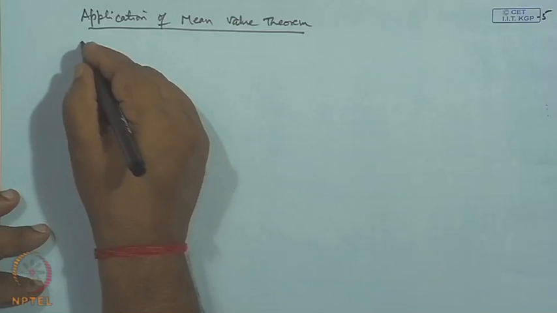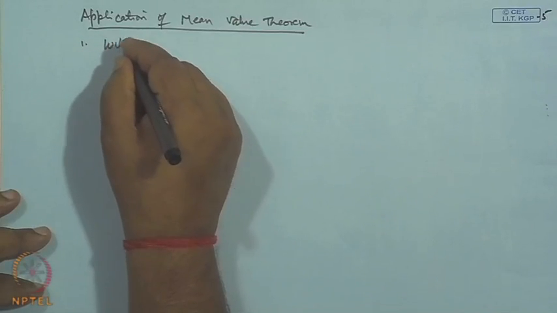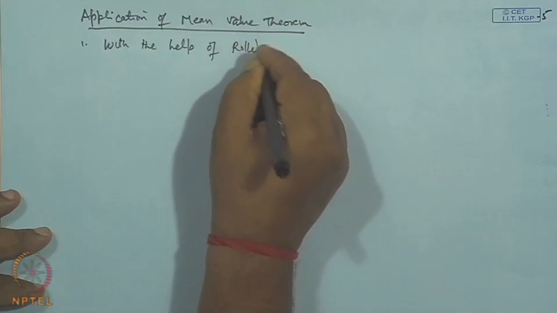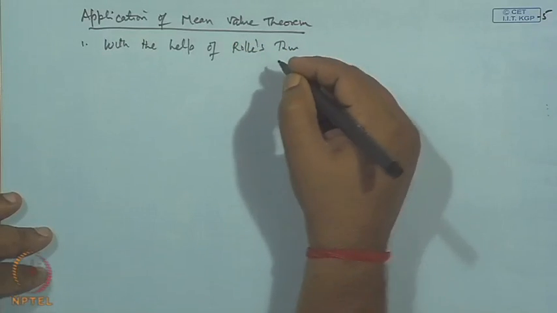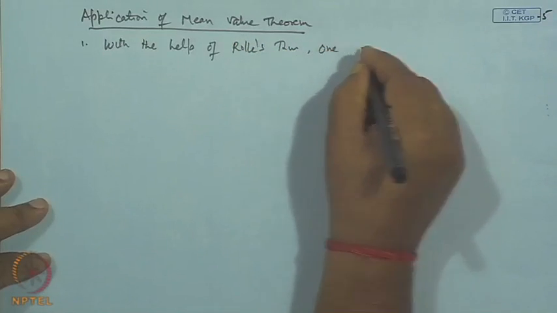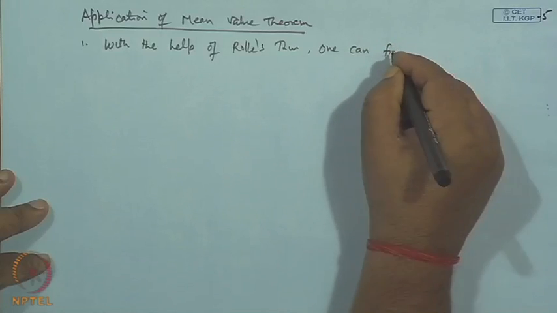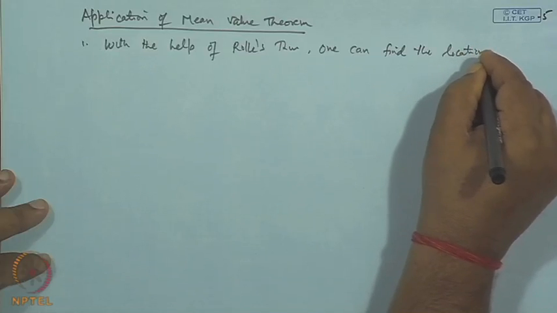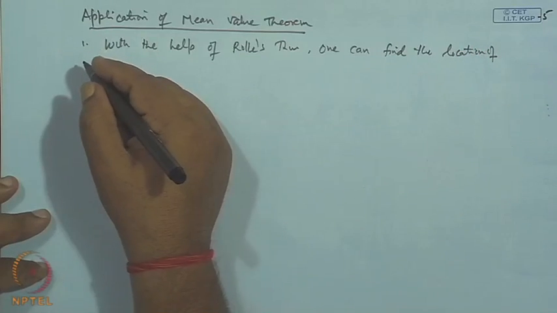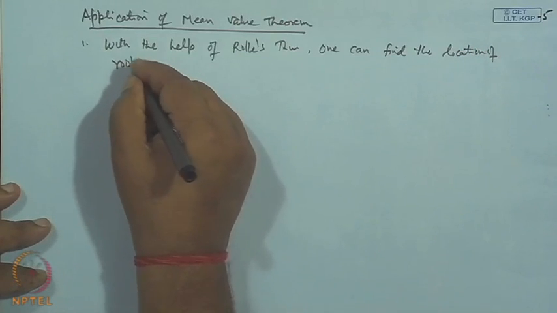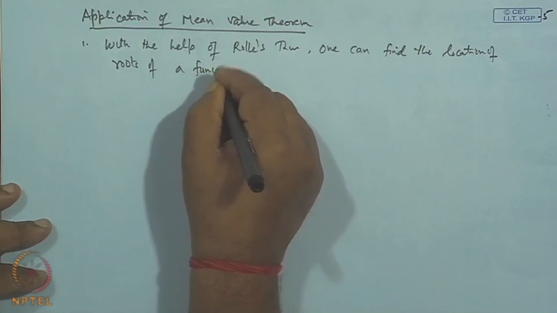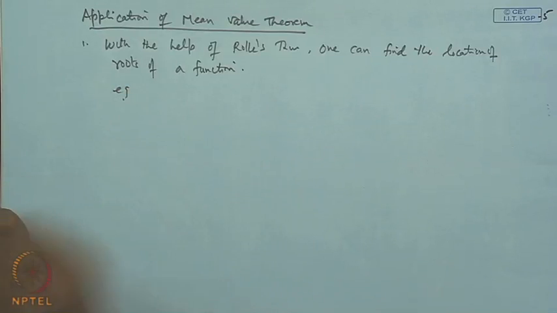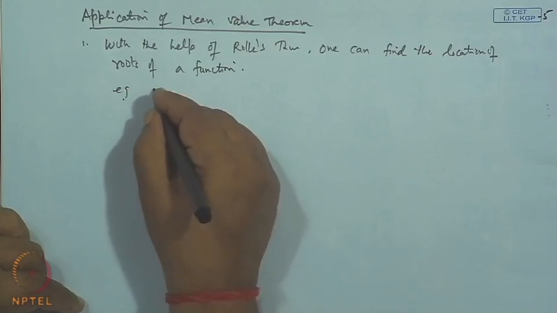So, first is Rolle's theorem. With the help of Rolle's theorem, one can find the location of roots of a function.